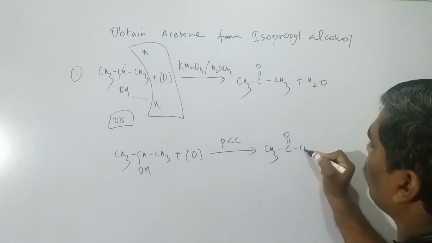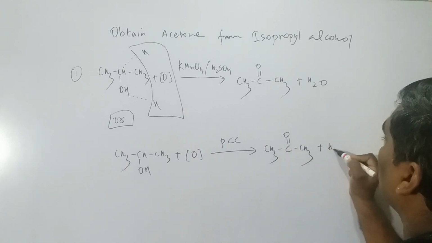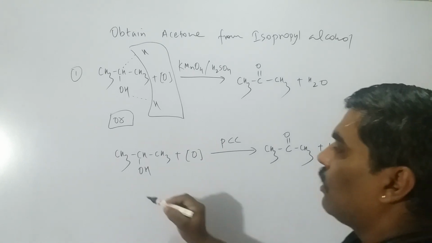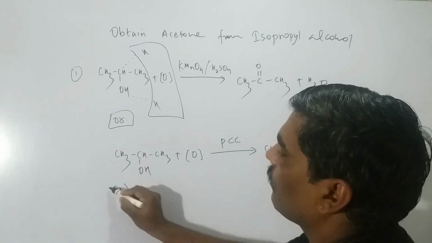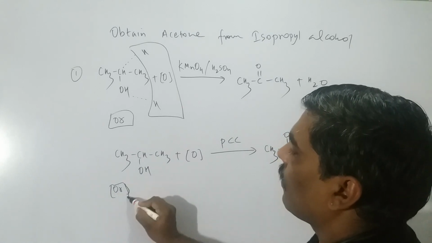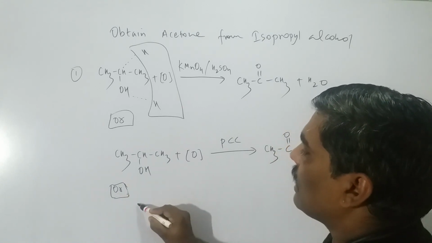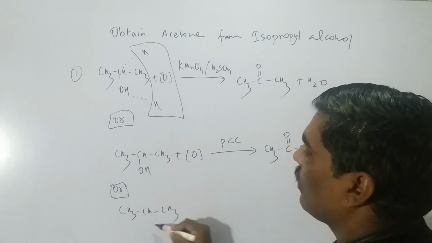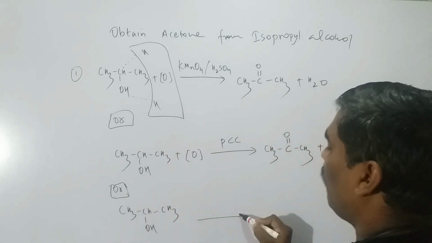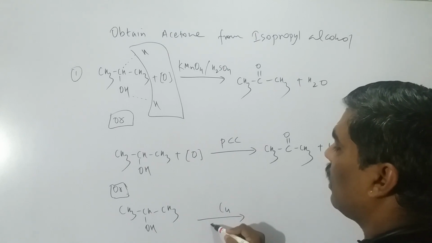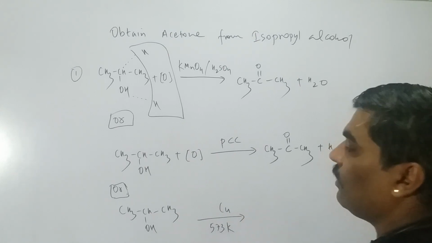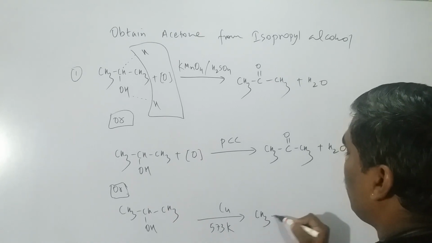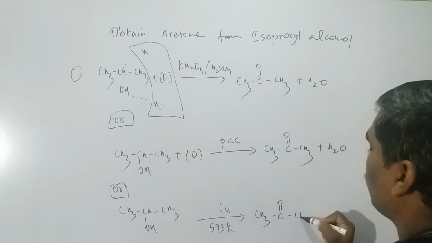For this question, 3 answers are possible. Even one more: when this isopropyl alcohol is heated with copper at 573 Kelvin, again dehydrogenation, dehydrogenation gives acetone.